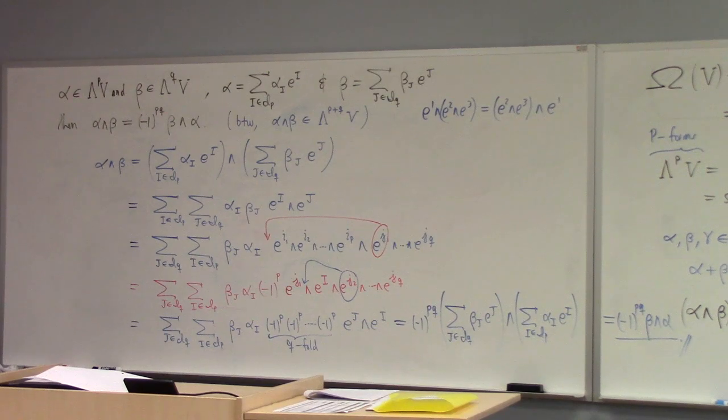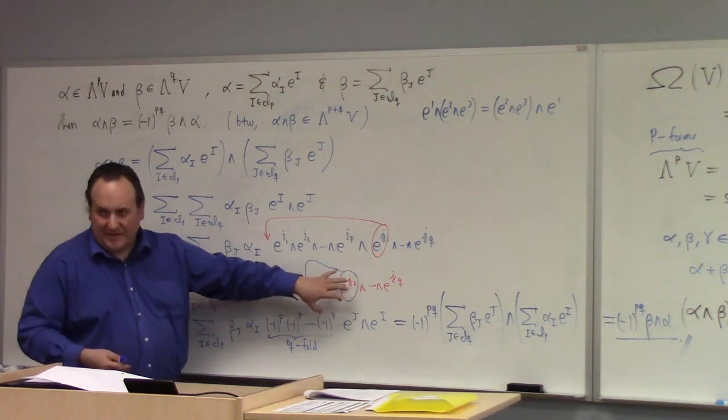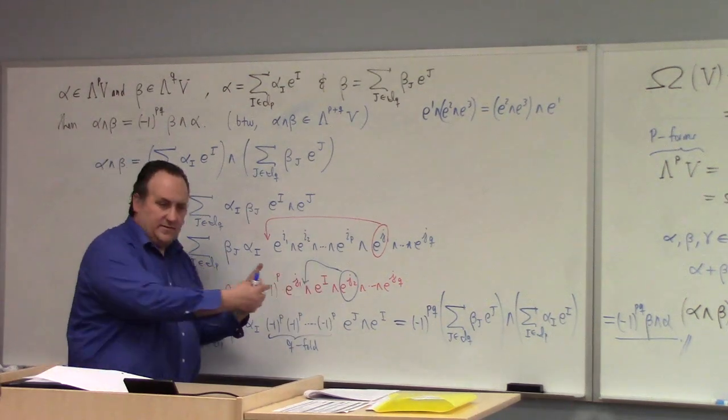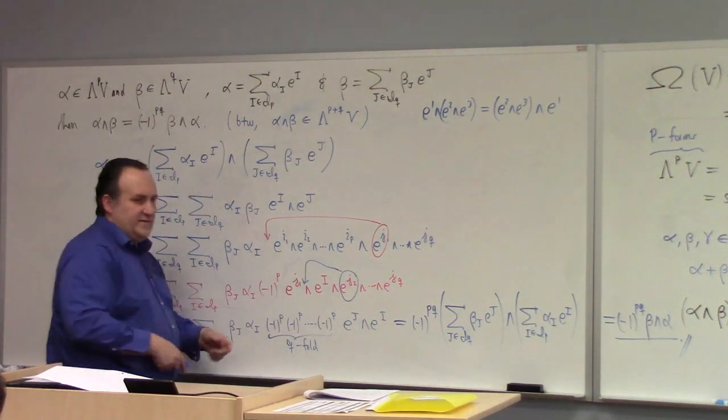Yeah? Does that show enough detail for it to make sense? I mean, we could add more detail. This is really the main event, the flipping of the wedges there. That's where everything is.